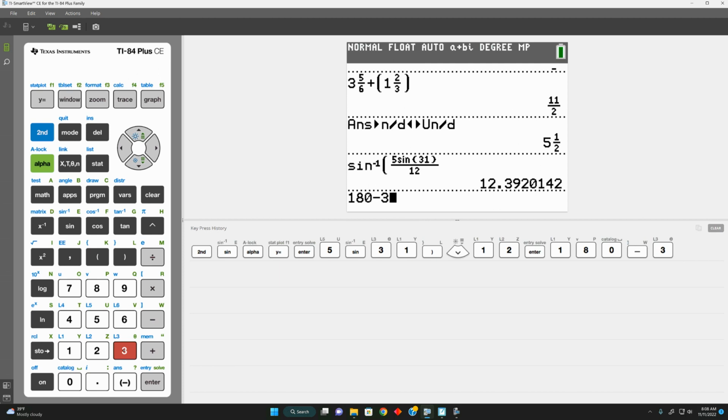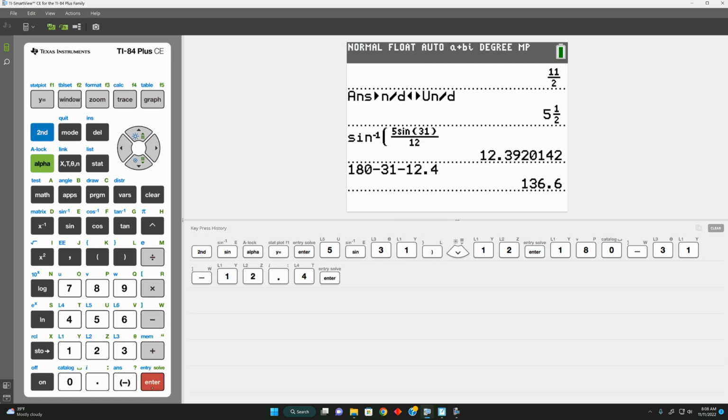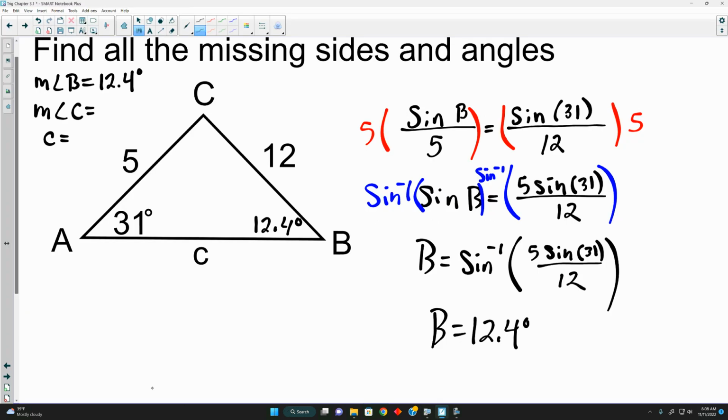So 180 minus 31 minus 12.4 exactly is 136.6 degrees. Knowing that angle C is 136.6 degrees, we should expect C to be way bigger than 5 and 12, just because of the angle properties: the biggest side is opposite the biggest angle.